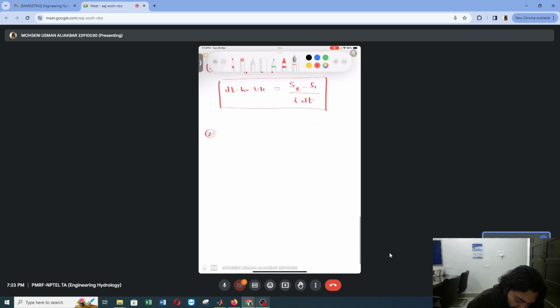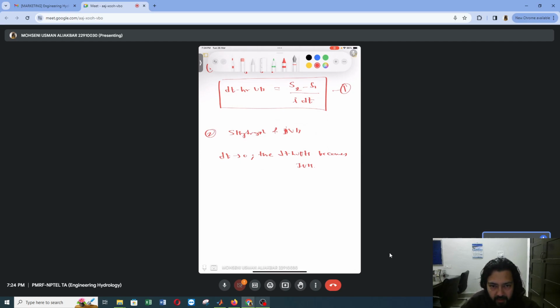Similarly, we can derive the relationship between S hydrograph and instantaneous unit hydrograph, right? What changes here is whenever the dt tends to 0, the dtr unit hydrograph which is on the left hand side of the above equation, let us say equation 1, becomes the instantaneous unit hydrograph, right?